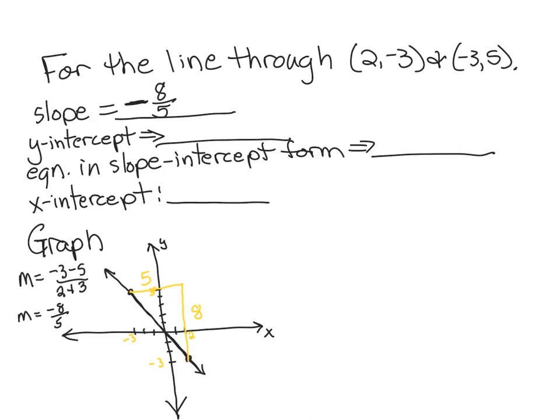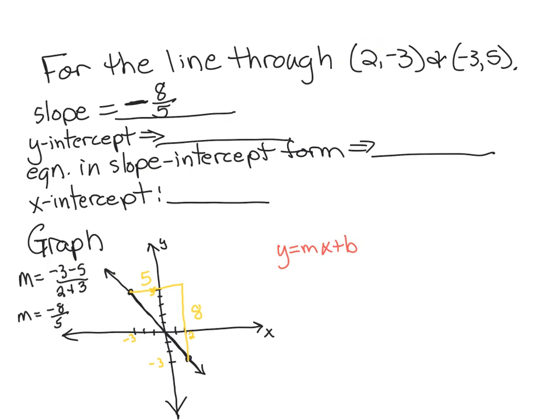Y equals mx plus b is true for every single point on the line, right? This is a little cheater way of doing this that a student showed me that never occurred to me, and it's my preferred way to do it now. I can pick either one of these points. I'm going to choose this guy.